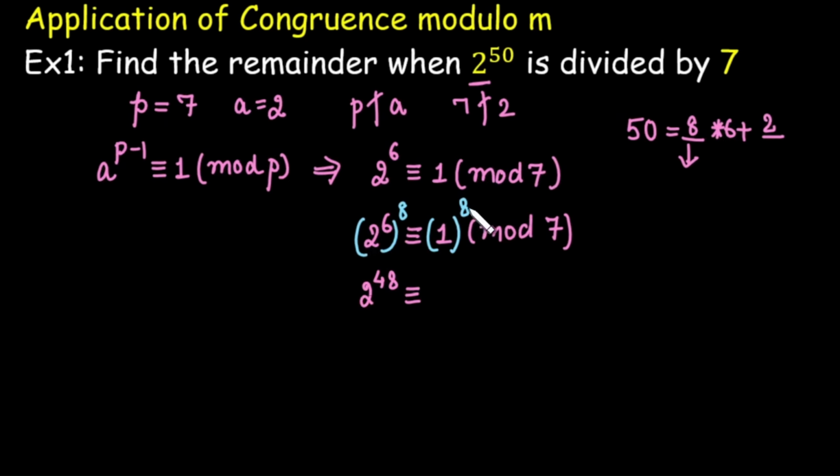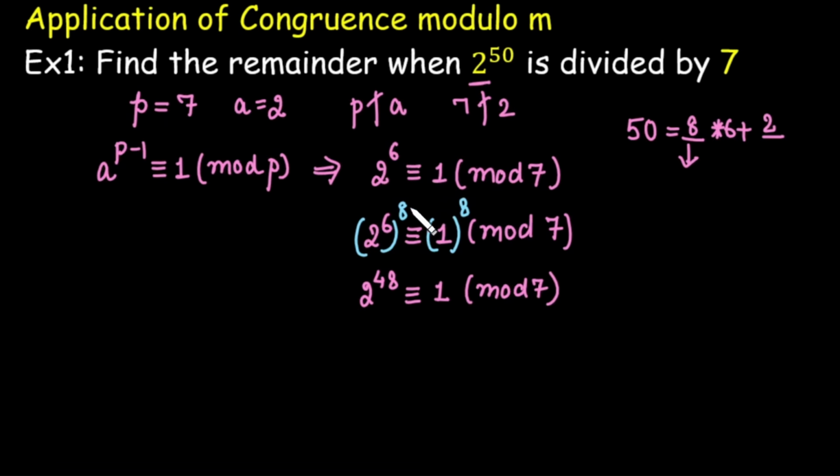On the right-hand side, 1 raised to the power 8 is 1 mod 7. With the help of Fermat's theorem, we get a power of 2 which, when divided by 7, leaves remainder 1. Once the remainder is 1, it is very easy to answer this question, because we can reach near to this number with the help of this power.